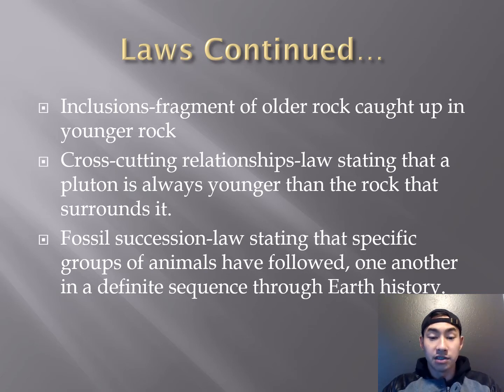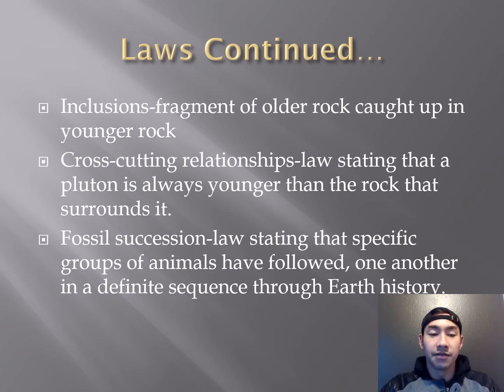Fossil succession states that groups of animals have followed one another in a definite sequence throughout Earth's history. So what that means is essentially each fossil has a very specific place and time. It could cover a range, but we know what comes first.